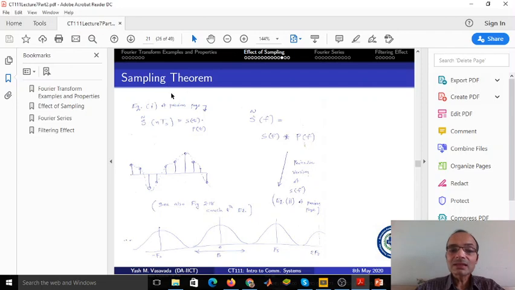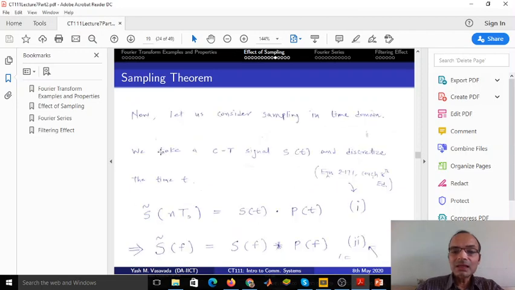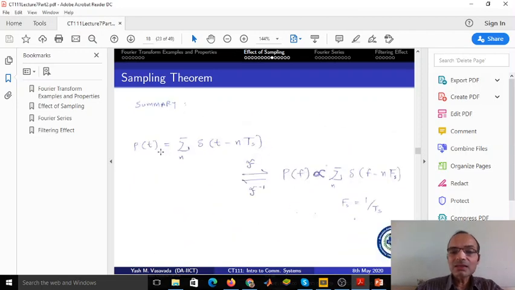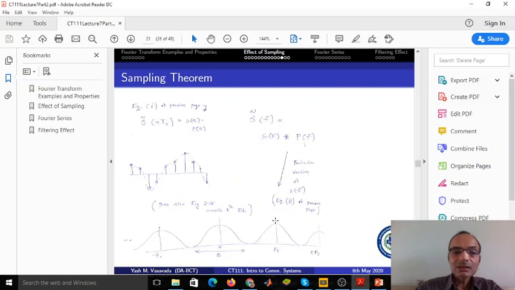And it tells us that if you are careful, and in this sampling process, if you make sure that this f of s, capital F of s, which is the inverse of T of s, is greater than this bandwidth B, then using these samples, you are not giving up anything.